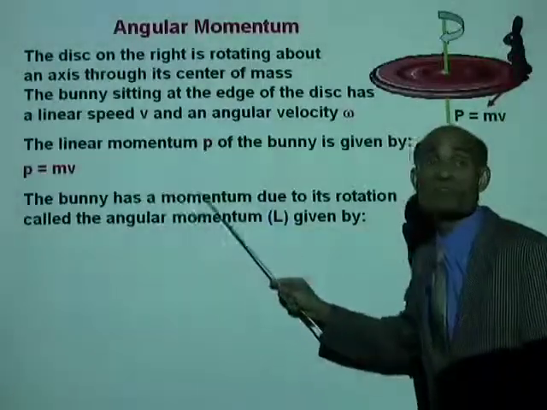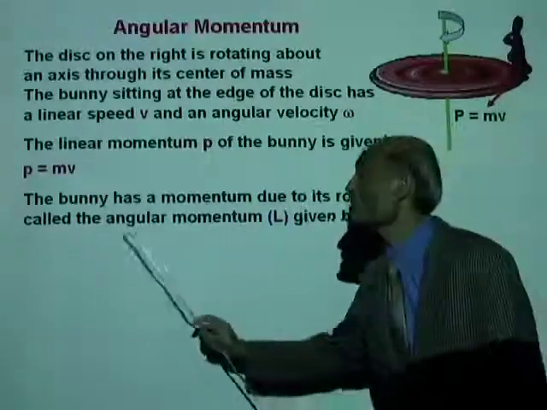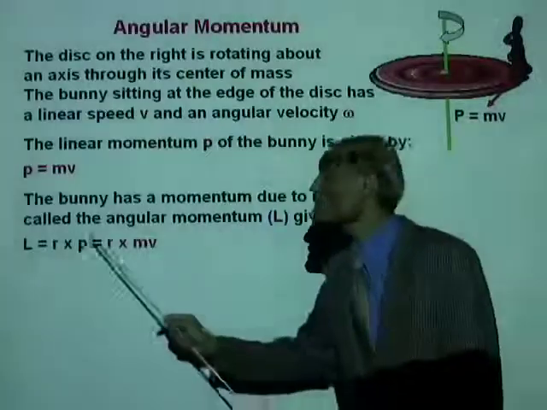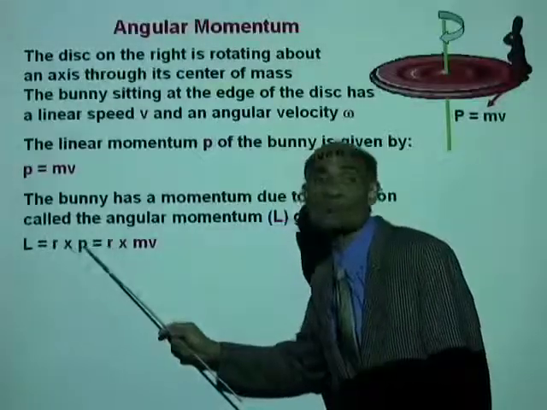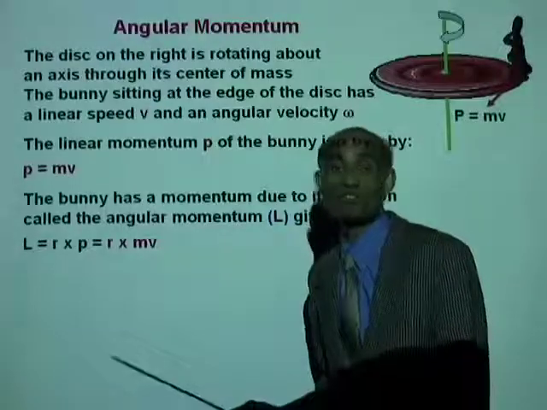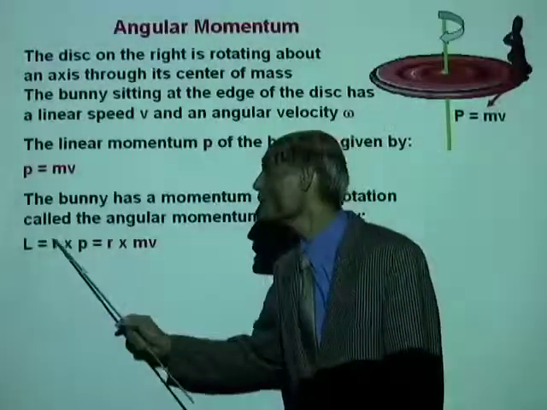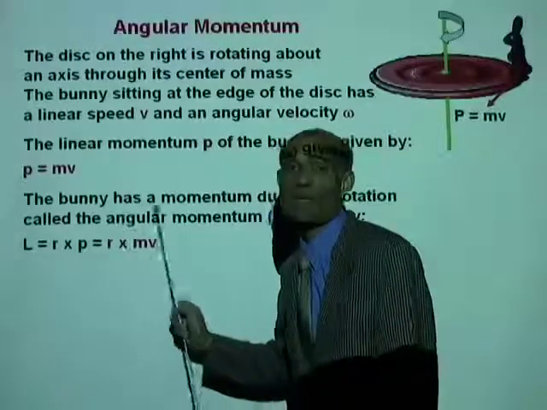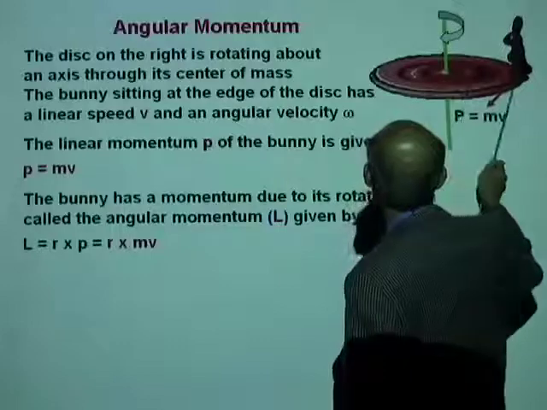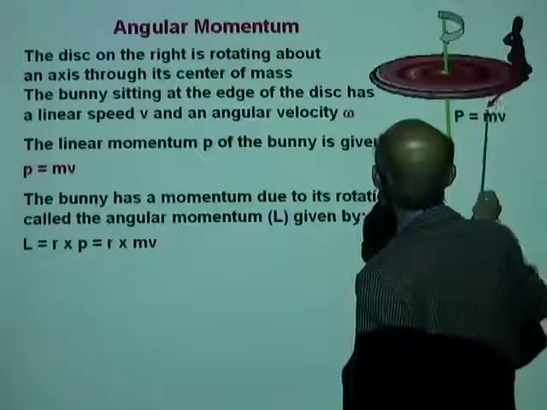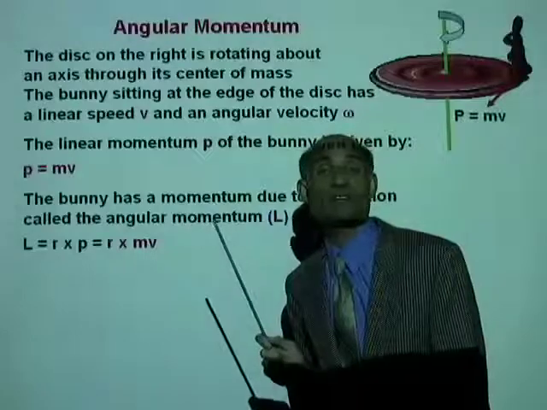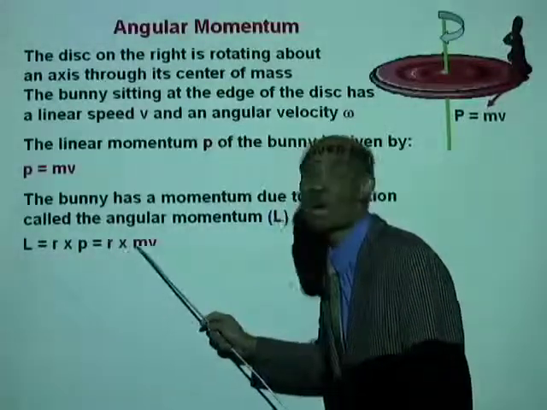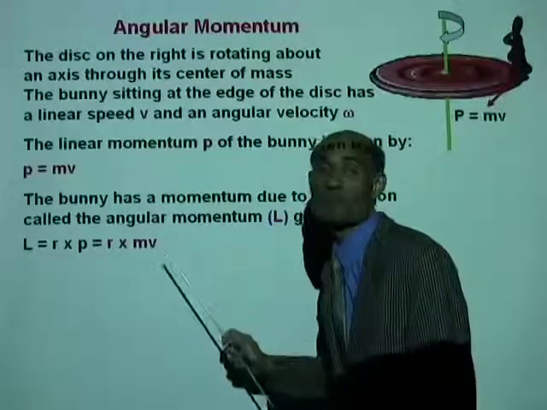The bunny has a momentum due to its rotation called the angular momentum, and the angular momentum is given by r times p. In fact, this is also a cross product. L equal to r cross p. Now, in this case, r is the radius and p is tangential. They are both at right angles, and therefore we can say it is r times mv.